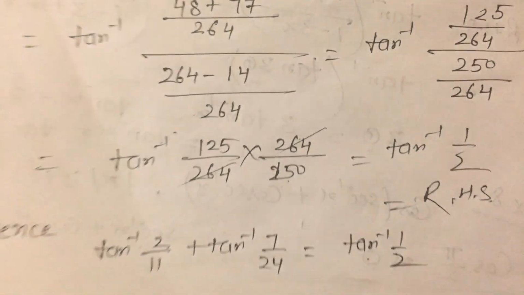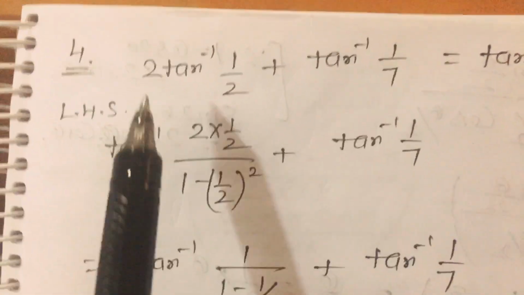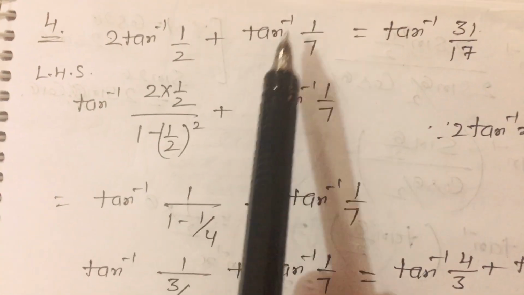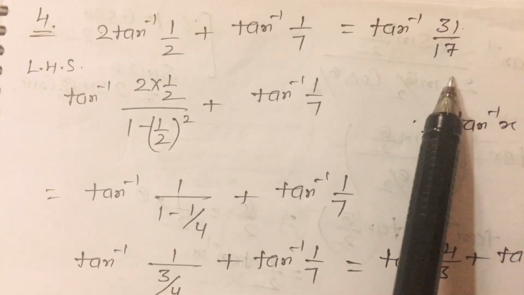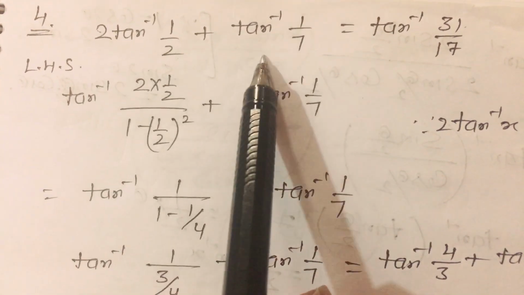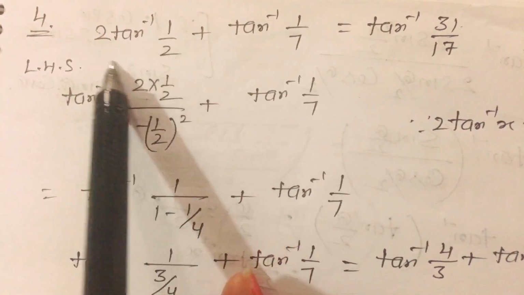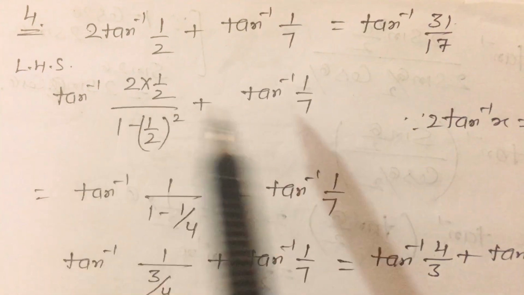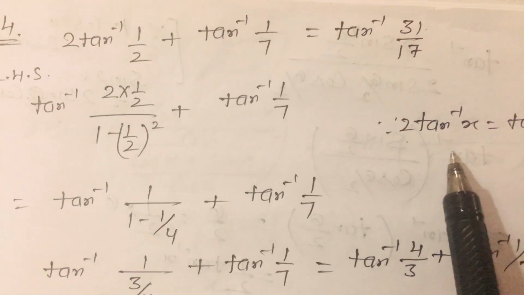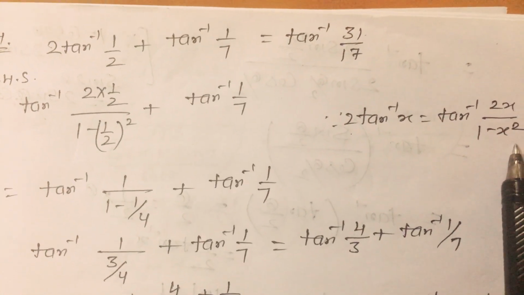Now look at question number 4. In this question, 2 tangent inverse 1 by 2 plus tangent inverse 1 by 7 is equal to tangent inverse of this. If it were tangent inverse x plus tangent inverse y, we could apply the formula, but here we have 2 tangent inverse x. So firstly we will change it into tangent inverse form. We know the formula 2 tangent inverse x is equal to tangent inverse of 2x upon 1 minus x square.